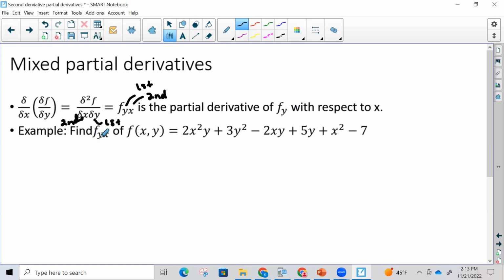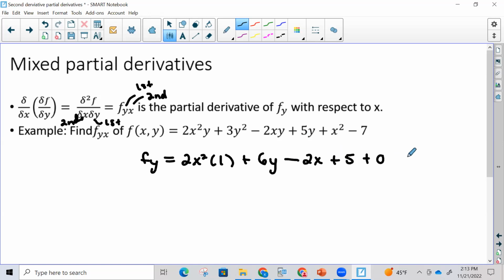When it's f_yx, we start by finding f_y. So we have 2x squared times 1, plus 6y, minus 2x, plus 5, plus 0, plus 0. That gives us 2x squared plus 6y minus 2x plus 5.